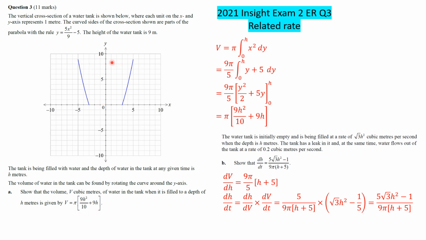Imagine you have your height over here. If you rotate this curve about the y-axis, remember the formula is this. You want x squared inside because x squared is like the radius when you rotate, and you want to integrate from 0 to h with respect to y.